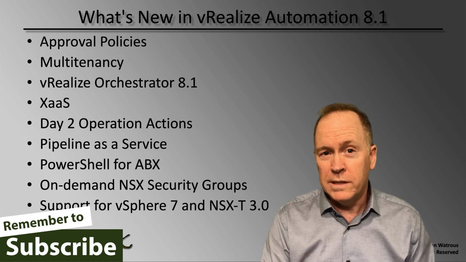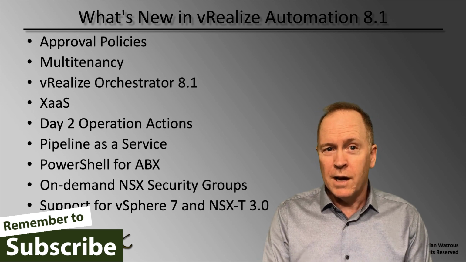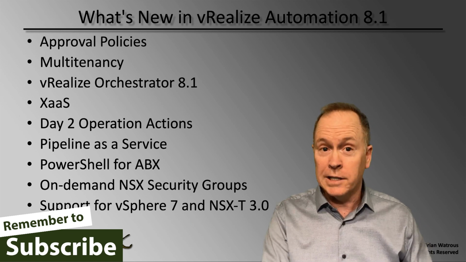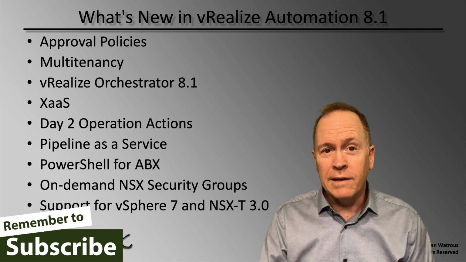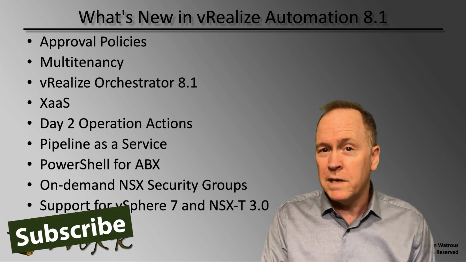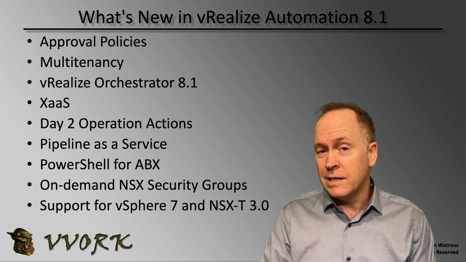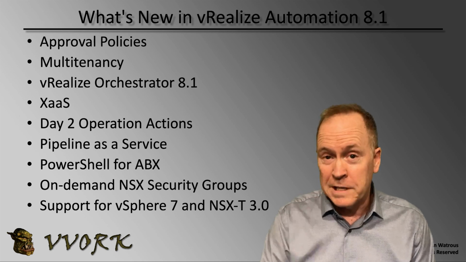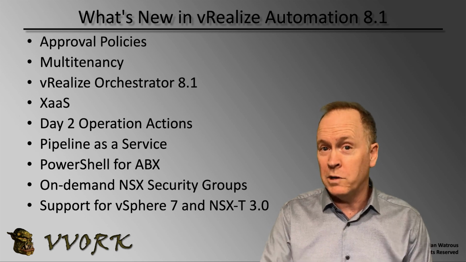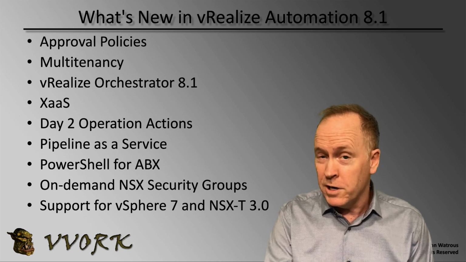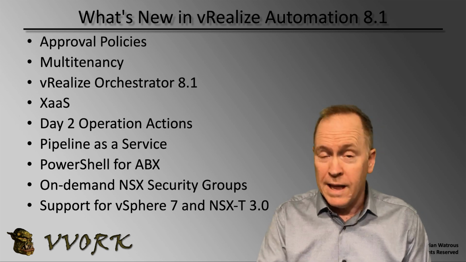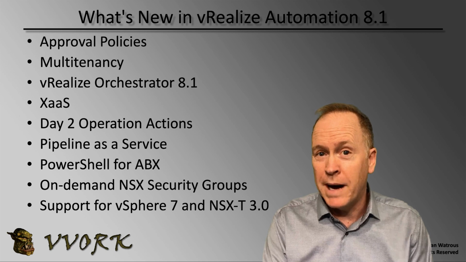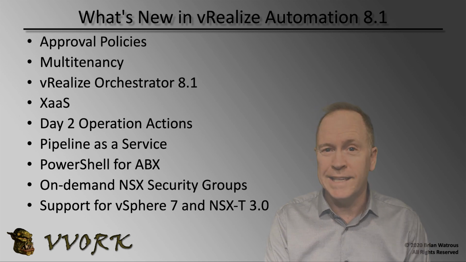So you could have one set of users, perhaps a customer of yours, and another set of users, another customer, and logically separate them within vRA. That means the different user communities, those different tenants, can have their own users, their own configuration, their own directory services, their own branding, and so forth. Again, all that's made possible through multi-tenancy.